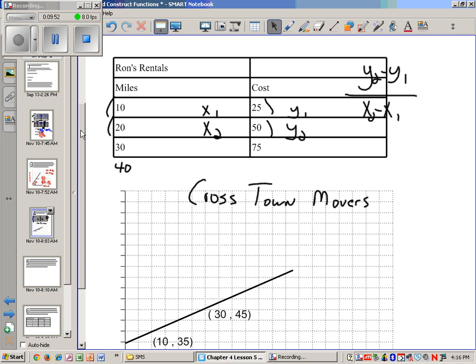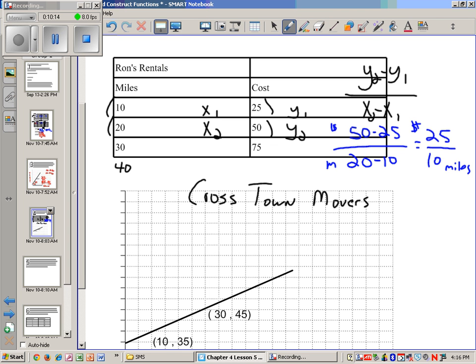So let's plug those in. Our y2 is 50 minus 25, our y1, over 20 minus 10. So it gets us 25. This is the cost up on top, our dollars. This is our miles. 20 minus 10 is 10 miles.